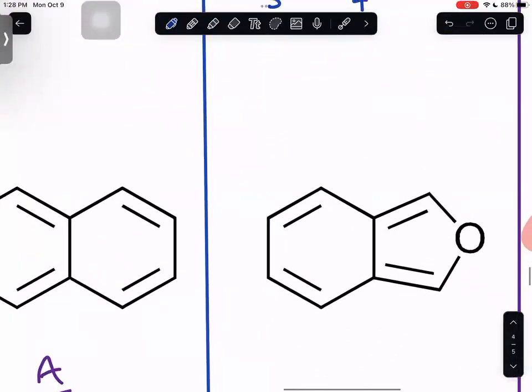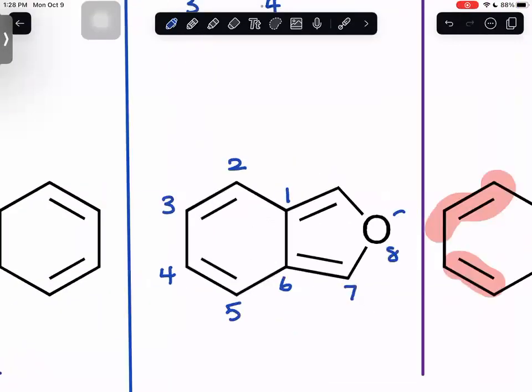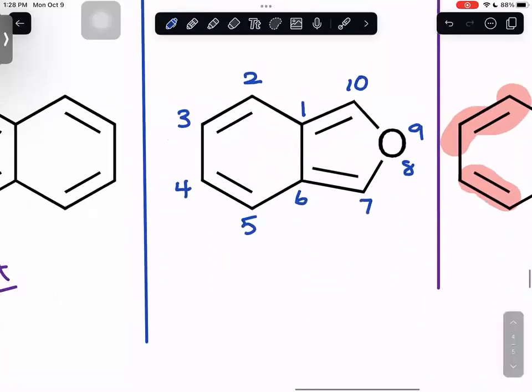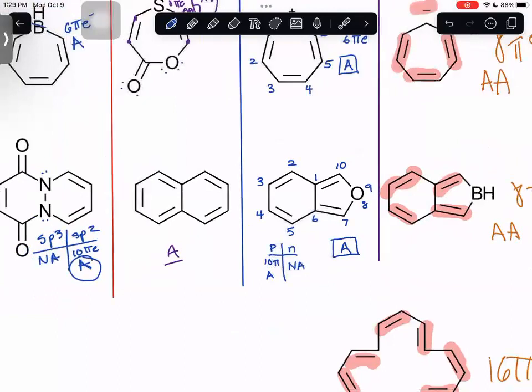Very last one. And it chooses to be aromatic, beautiful. Great job, you got it.